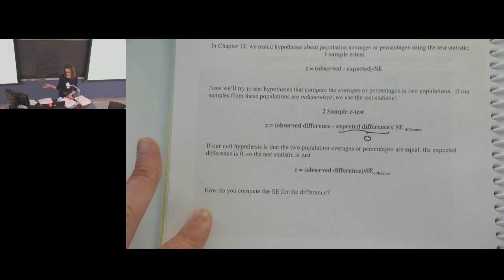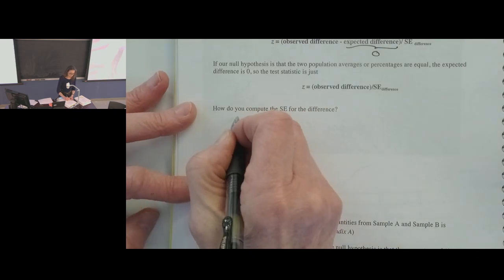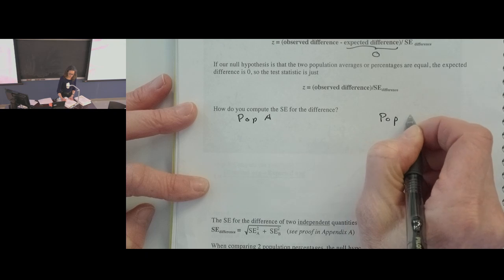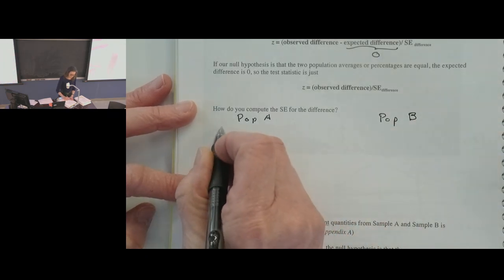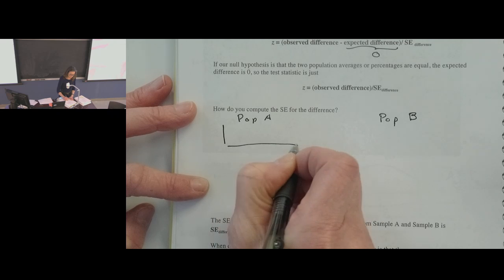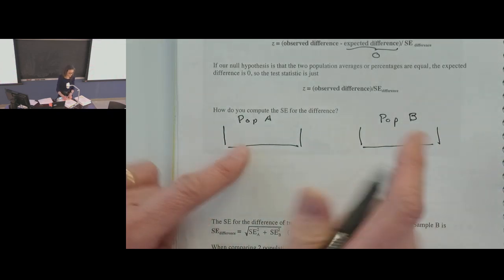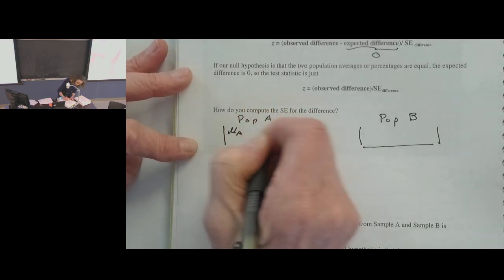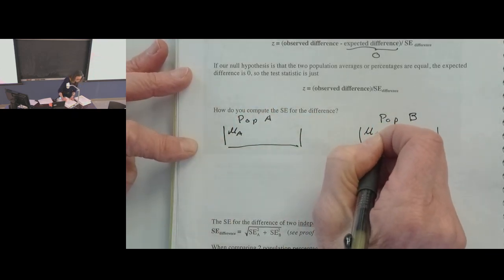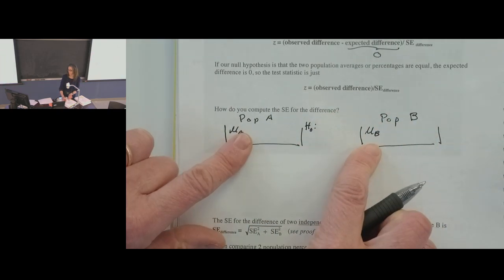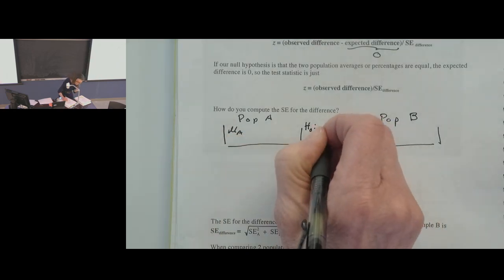Now, how do you compute the standard error of the difference? Let me give you an intuitive example. Suppose we have two populations, population A and population B, with lots of people in both. Each has some average in the population, and our null is that those two means are the same.